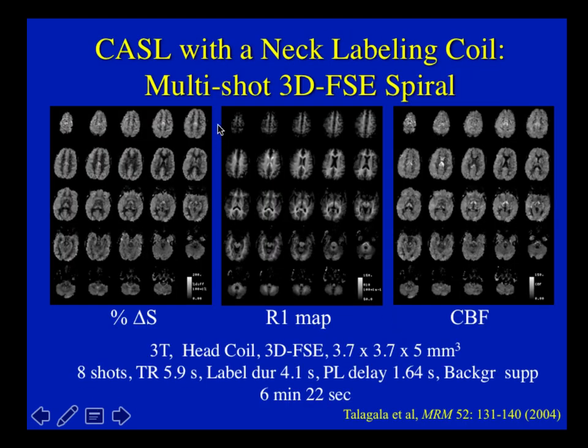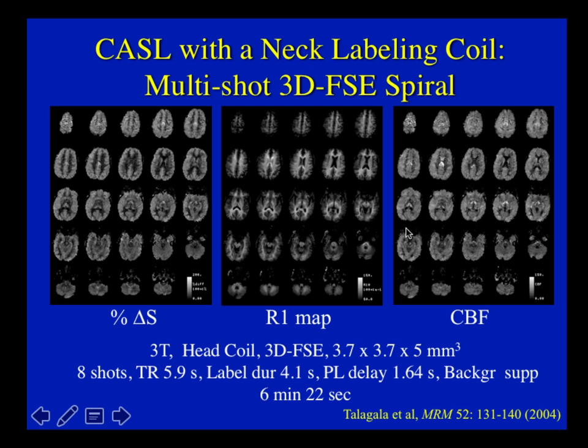Here's an example of continuous ASL data that we acquired a long time ago. On the left-hand side, we see the different signal from slices from the top of the brain to the bottom. So we can get full brain coverage, and we see the increased signal from the gray matter compared to white matter, and quite homogeneous throughout the brain.